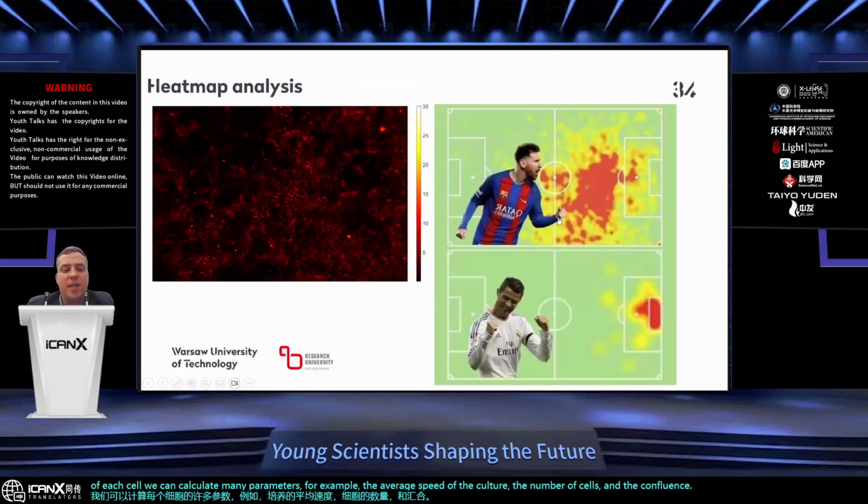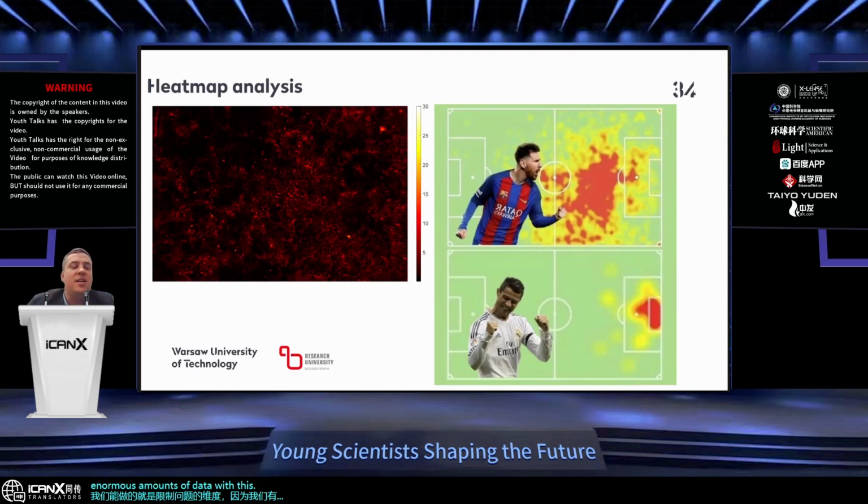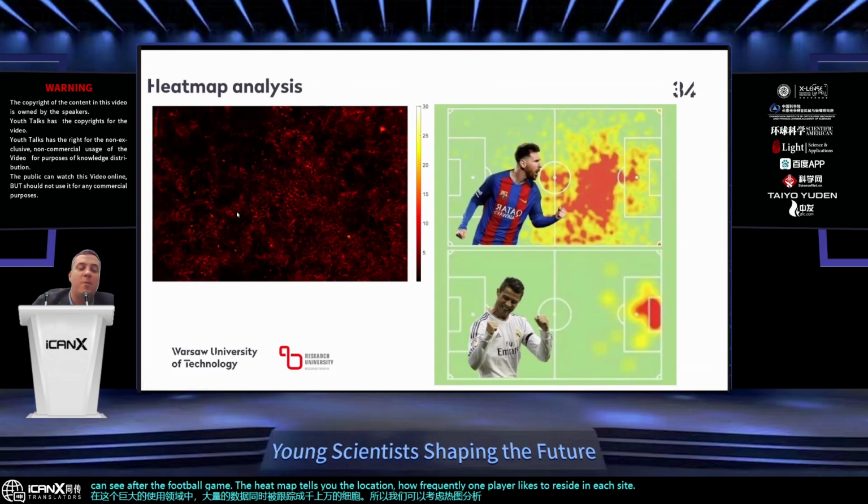We can also limit the dimensionality of the problem, because we have enormous amounts of data with these gigantic fields of view, hundreds of thousands of cells being tracked at the same time. So we can think about heat map analysis, like you can see after a football game. The heat map tells you how frequently one player likes to reside in each side of the pitch. When we do the same calculation for the culture of cells, we can see some nice results.